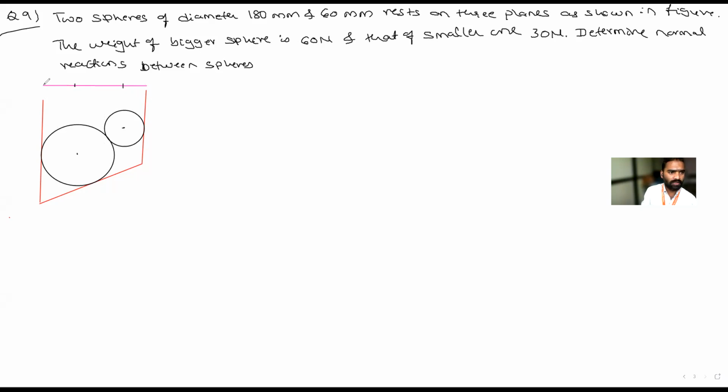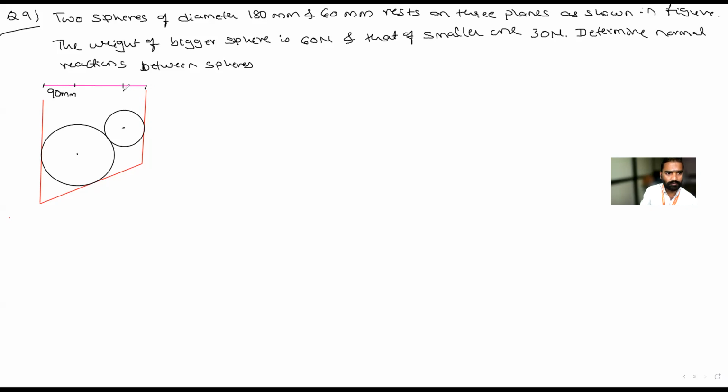Okay, then can you tell me what is the distance between these two? This from this to this total diameter is 180 mm. Only half of the diameter. What will the radius be? That is equal to 90 mm. So the smaller sphere is having 60 mm diameter. Then can you tell me what is this much? 30 mm.